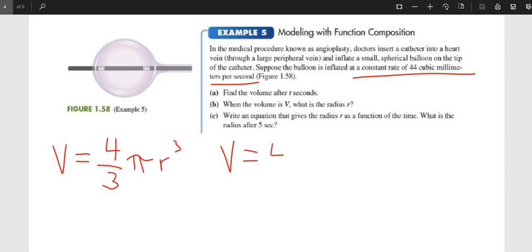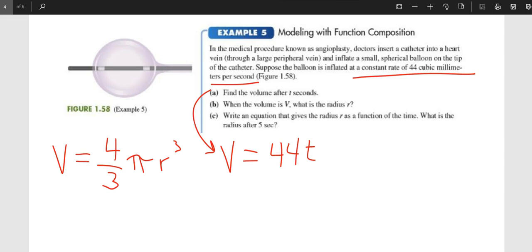So that means that the volume is increasing 44 times every second. Okay, part A says find the volume after t seconds. Ding, ding, ding. We just did it. We wrote the equation. Yeah, I know.